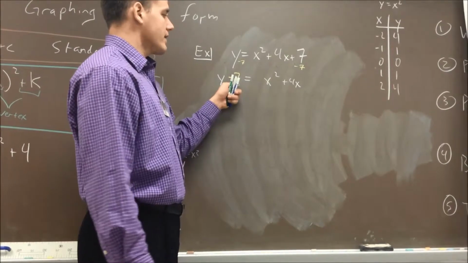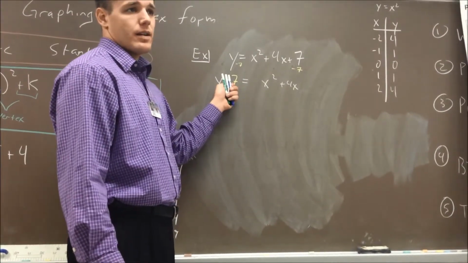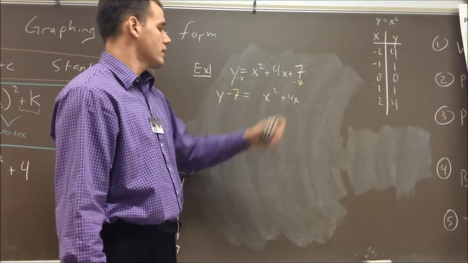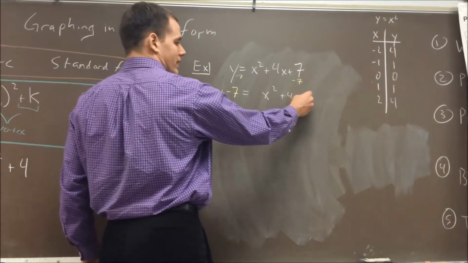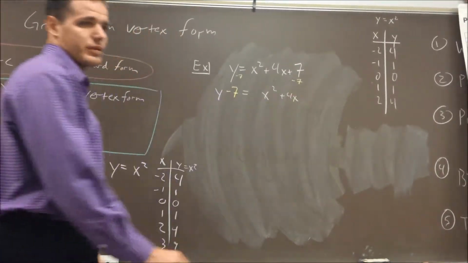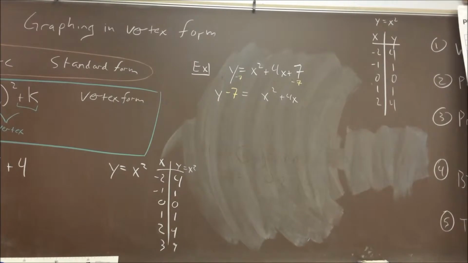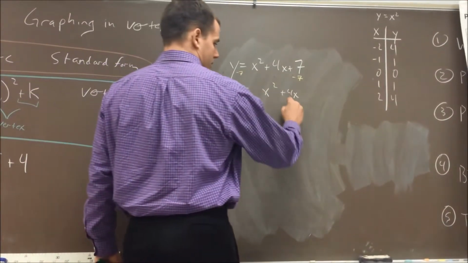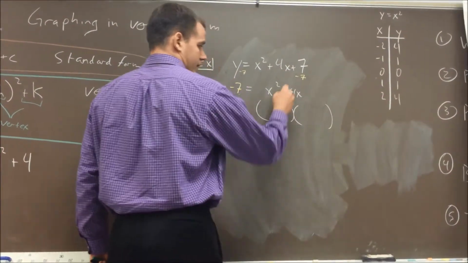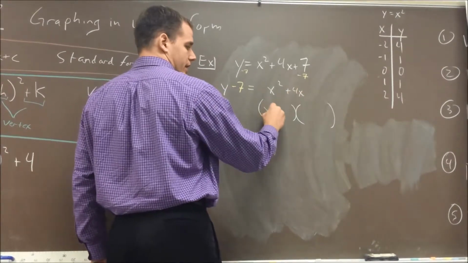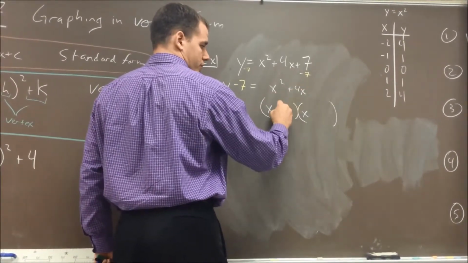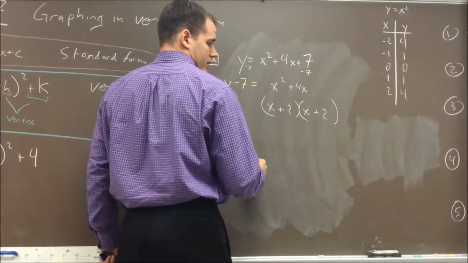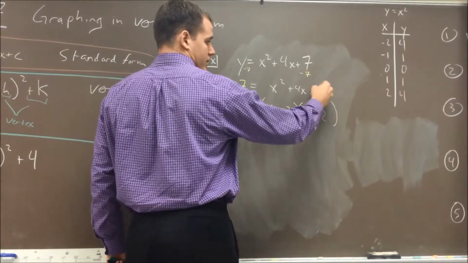Now that I've got the minus 7 over here, I'm going to complete the square. What do I need to add to this side to complete the square? Well, plus 4, yep. Because divide this by 2 and it's going to be 2, right? So 2 times 2 is 4.